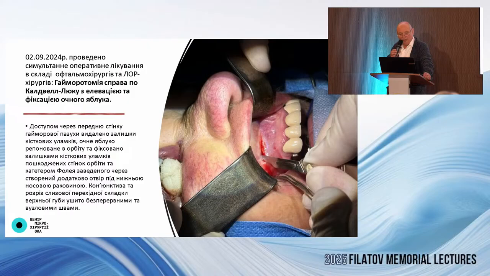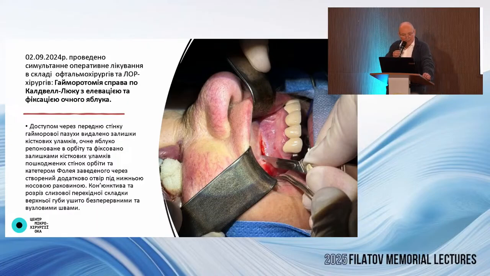We conducted a hymerotomy, elevated and fixed the eyeball with an access through the anterior wall of the sinus. We removed the remains of bone shards. The eyeball was moved back to the orbit using a special feature.